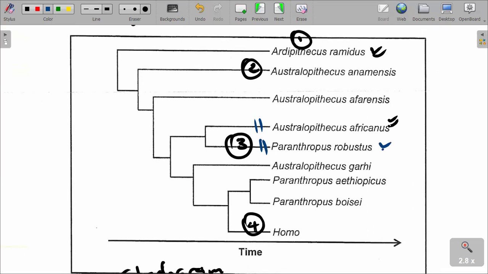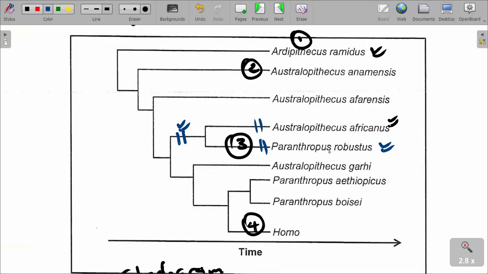As you can see, they are coming from the same latest ancestor, which we are saying they all come from what? They are all coming from Australopithecus afarensis.